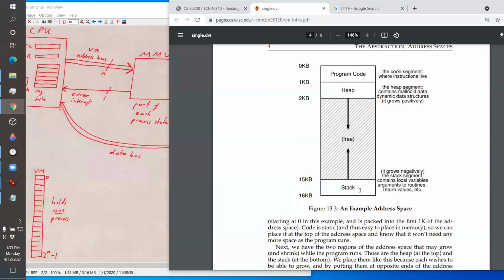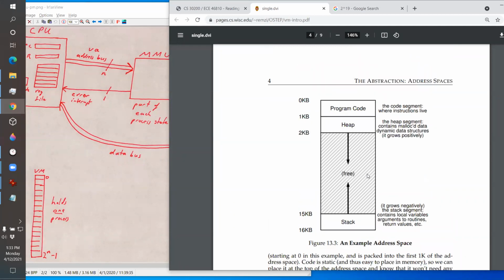When the compiler compiles your program, the compiler decides to put all of your code in a range of addresses starting at 0. The compiler decides that the heap will be these addresses, the stack will be here, and the stack will grow this way. Then the compiler keeps track of where all your variables are on the stack. The compiler compiles your program for this virtual memory address space.